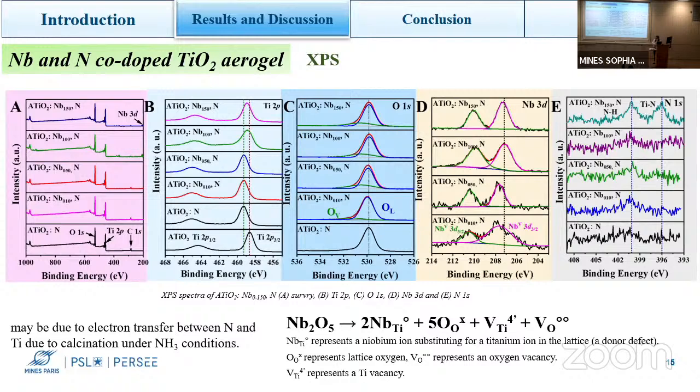But do you think it's possible to see this shift? And you say in your manuscript that the quantity of nitrogen is very low. I don't remember exactly the value, but it's 1.2, 1.3, I don't remember. It's nitrogen compared to oxygen.